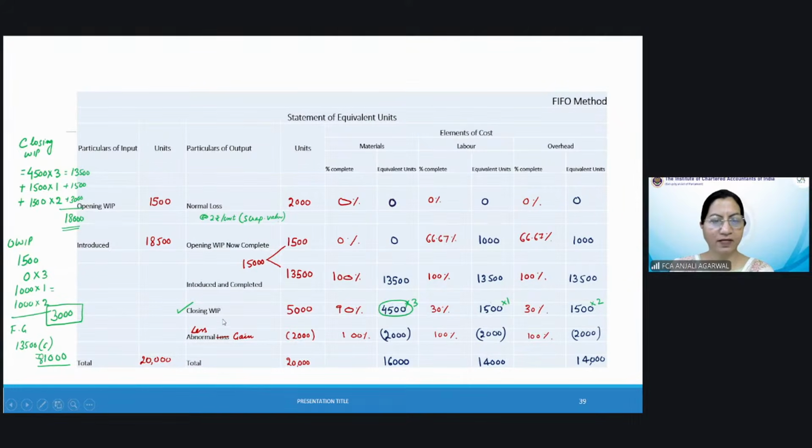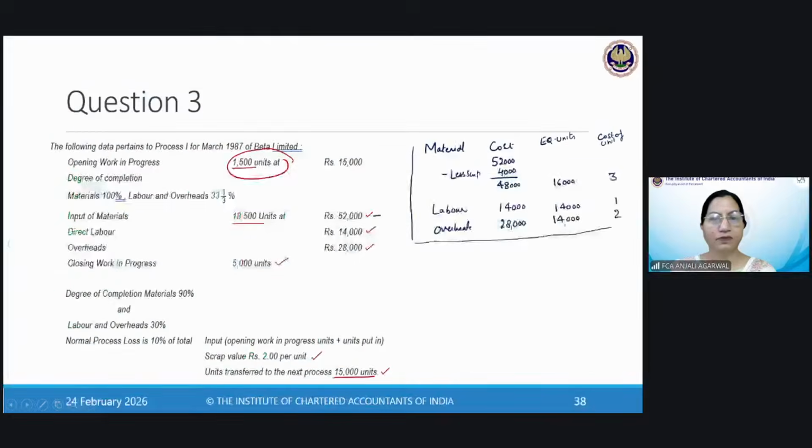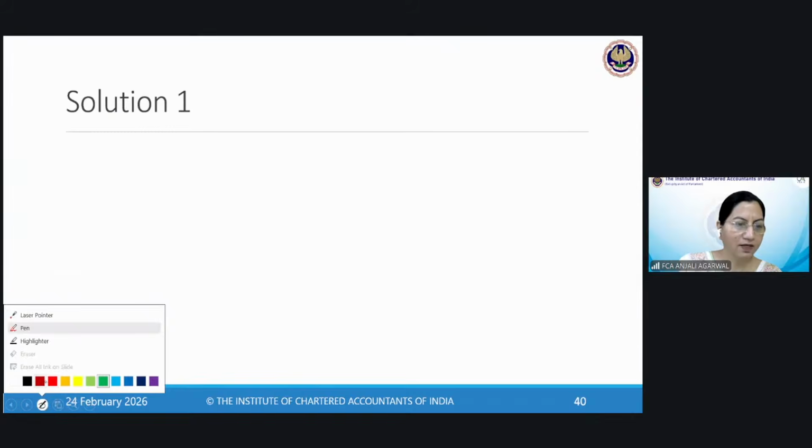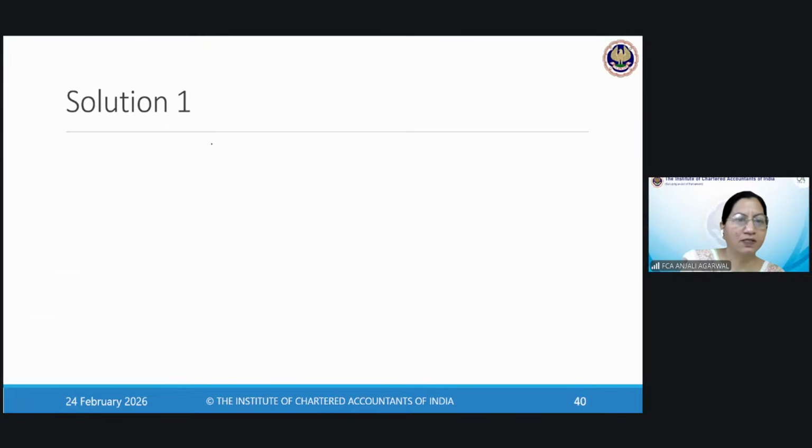So this way you will calculate the cost of abnormal gain, closing WIP, introduced and completed, how much cost it takes to complete the opening WIP, and normal loss, everything. So if here I have to prepare the statement, whatever I have shown you quickly, we can prepare this statement of allocation of cost.